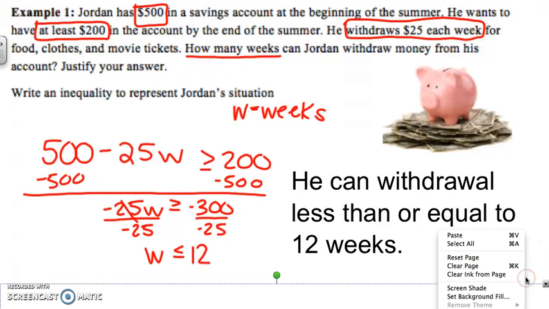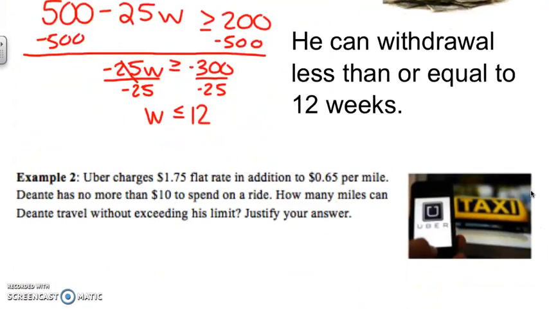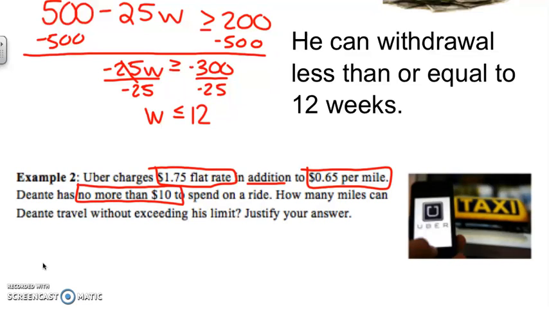All right, let's look at our second word problem. Uber charges a $1.75 flat rate, in addition to 65 cents per mile. Deontay has no more than $10. So no more than 10 is a keyword to spend on the ride.